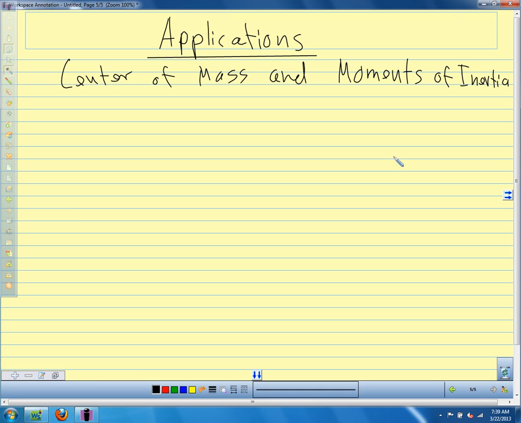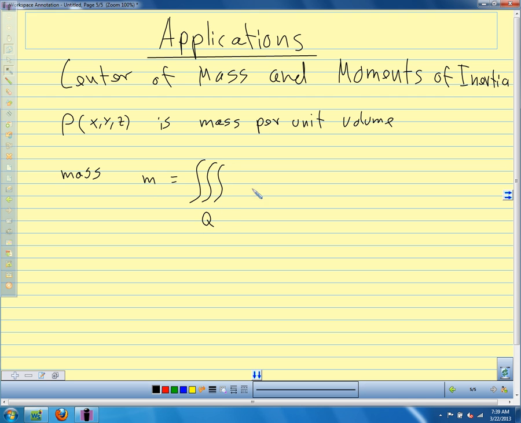For these applications, rho, our density function, is a function of x, y, and z, and this is our mass per unit volume. When we talked about planar lamina, rho was mass per unit area. Using triple integrals, the mass of some solid is just a triple integral over our region of rho dV.